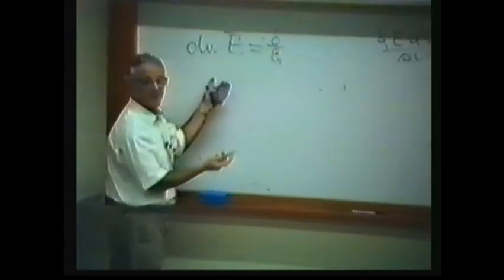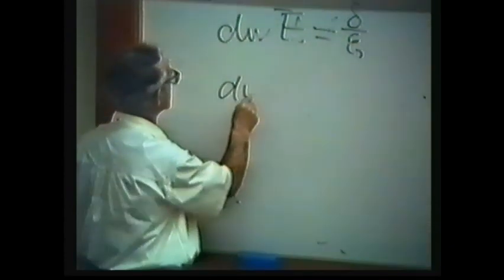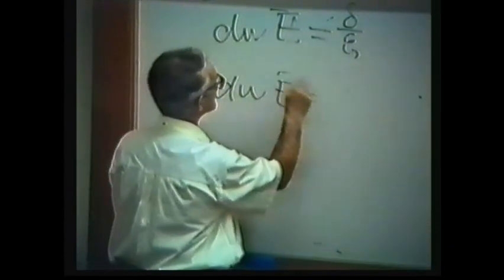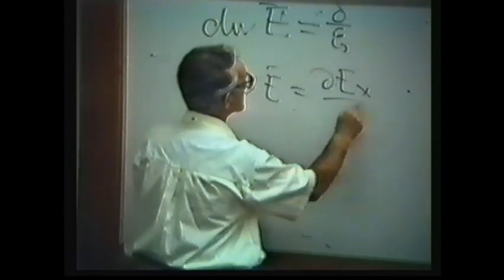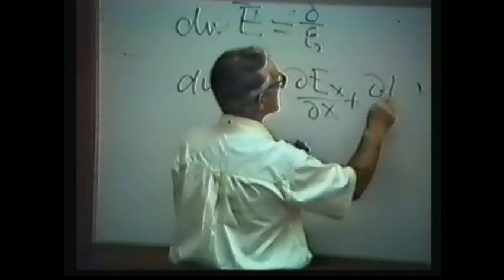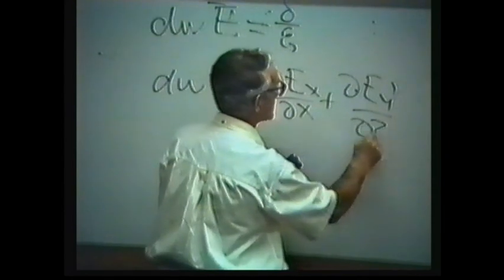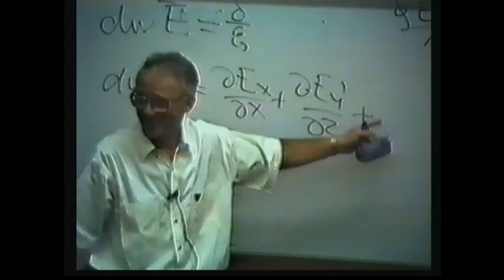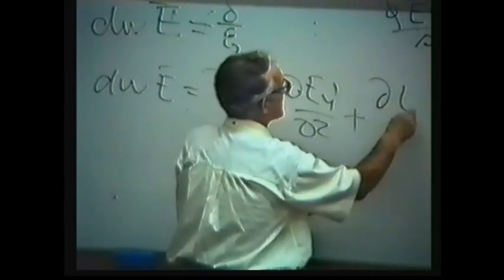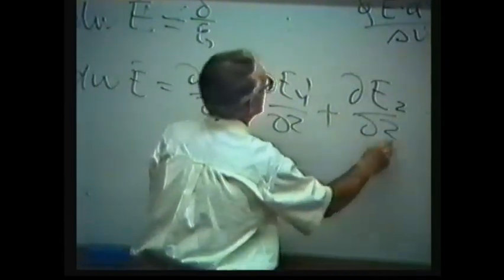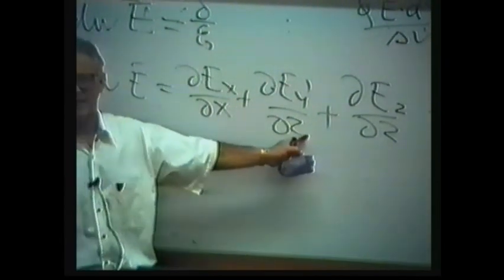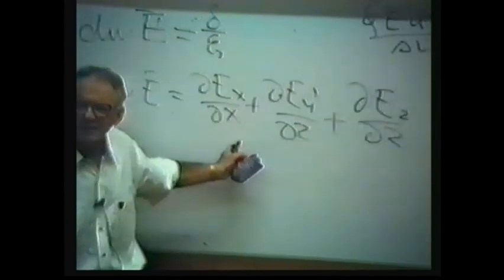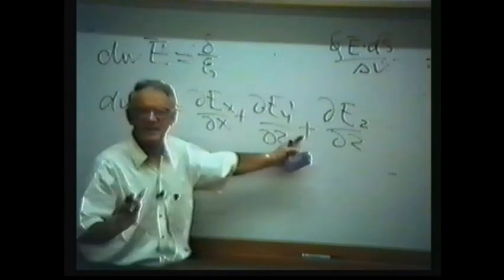And one of the lovely expressions in Cartesian system of coordinates is dEx over dx plus dEy over dy. Can you guess what the last step will be? Yes, that's very simple. dEz over dz. The meaning is the same.